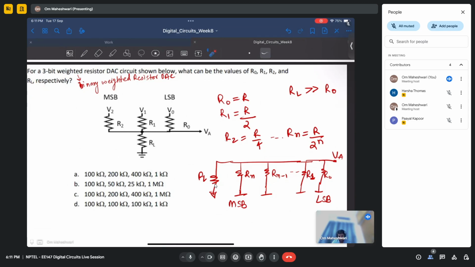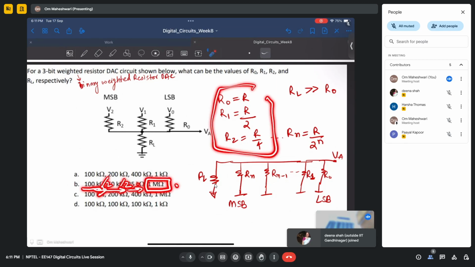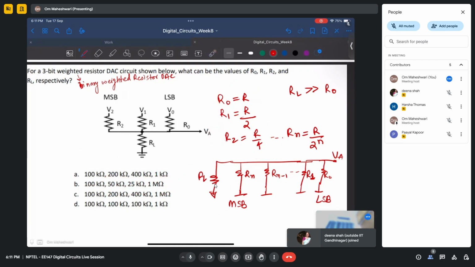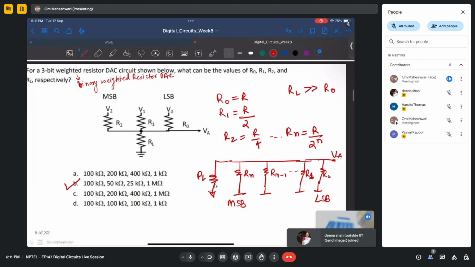In this example, it's 100, then 50, then 25. So this is in the order that we are looking for. These are in divided by two order, which is what we want here. And RL 1 megohm is much greater than all of these. So option B is the correct answer.